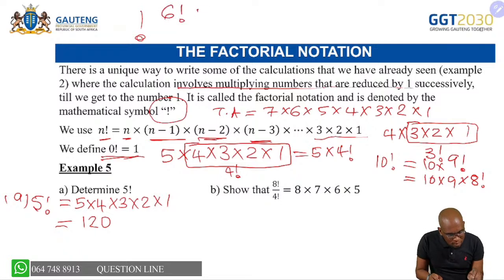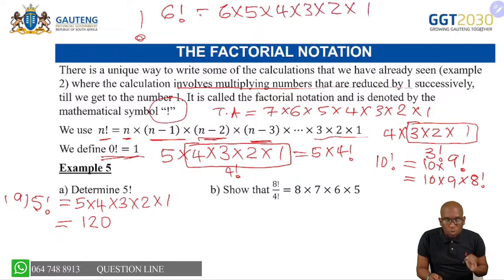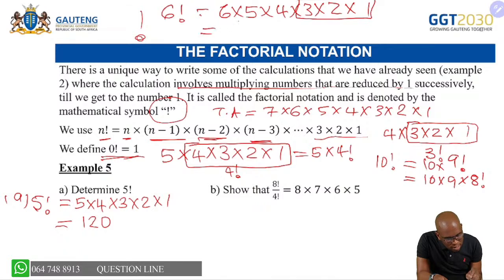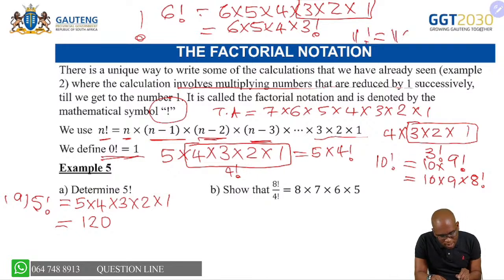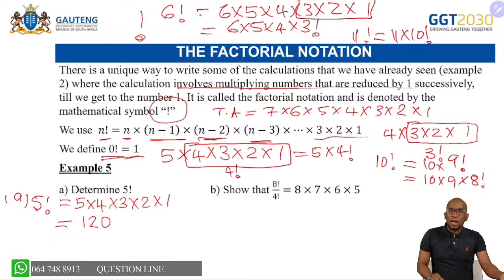We know 6 factorial can be written as 6 times 5 times 4 times 3 times 2 times 1. If we want to cut it at 3 for argument's sake, we can write this as 6 times 5 times 4, but 3, 2, and 1 can be written as 3 factorial. Right. 11 factorial can also be written as 11 times 10 factorial. That's how you deal with these factorials.